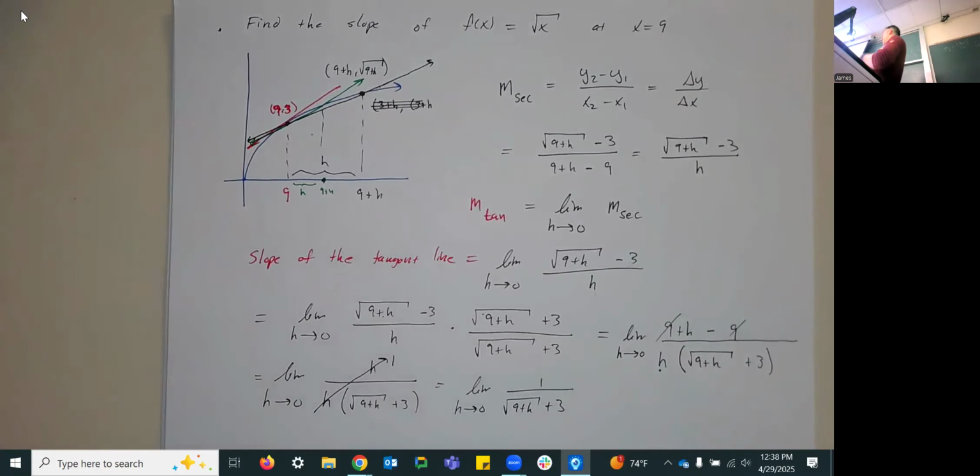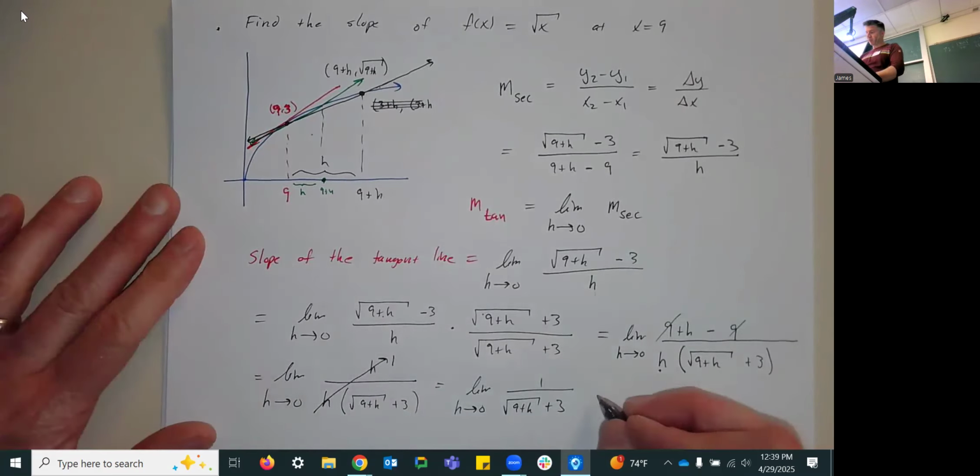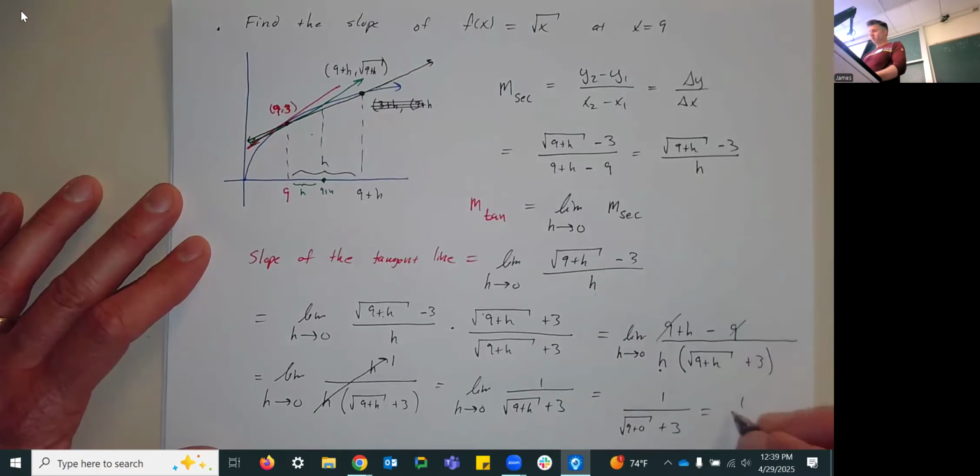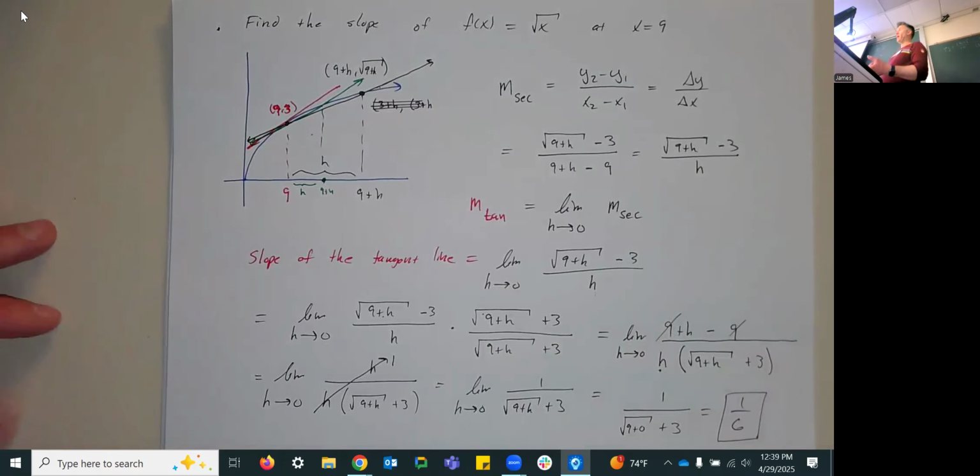And now that we have dealt with the problematic h, we are good to substitute in h equal to 0 for the rest of the h's. So then we can just plug in 0 for h and get 1 over the square root of 9 plus 0 plus 3, which becomes 1 over 3 plus 3, which is 1 over 6. That is the slope of the tangent line to this graph at that point.